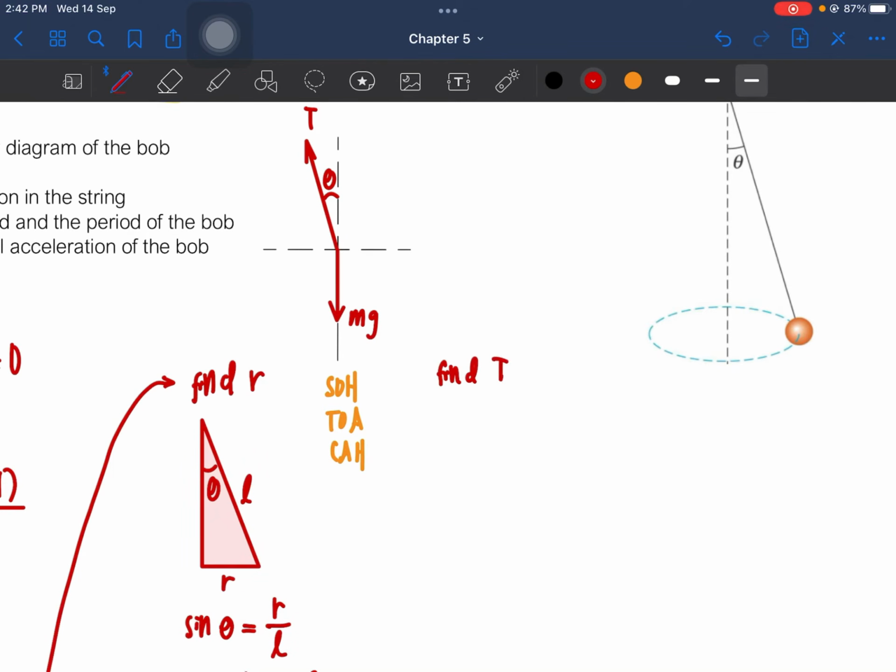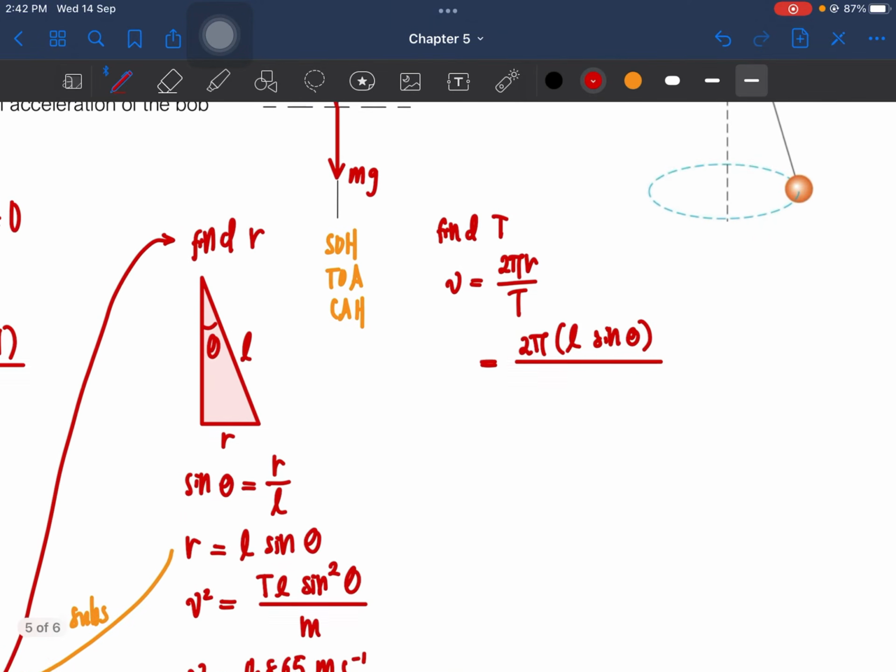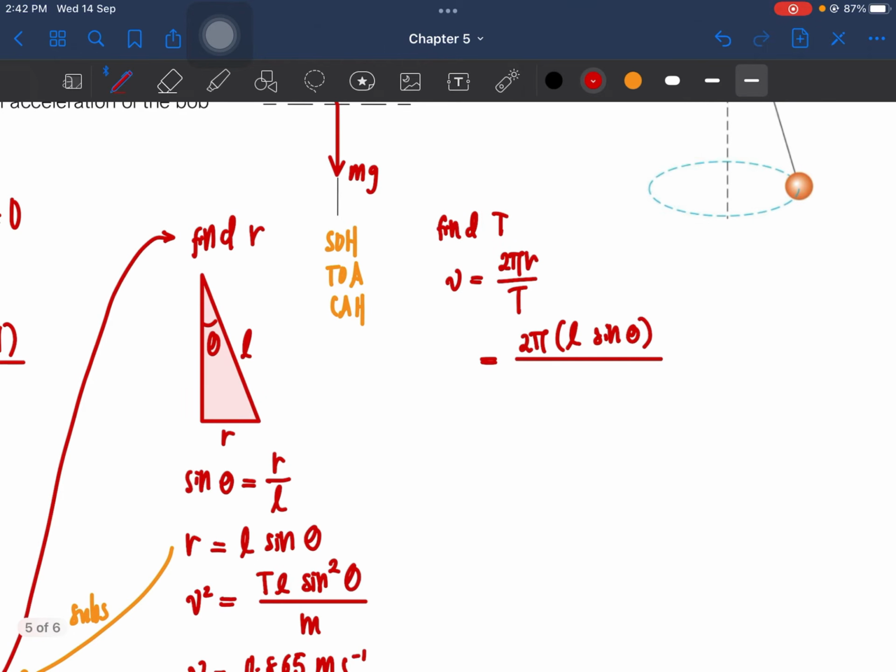Find T, kita guna v equal to 2 pi R over T. So that is 2 pi L sin theta divide by T. T ni bukan T untuk tension, ni T untuk period. So kamu akan dapat 6.33 seconds as the period.